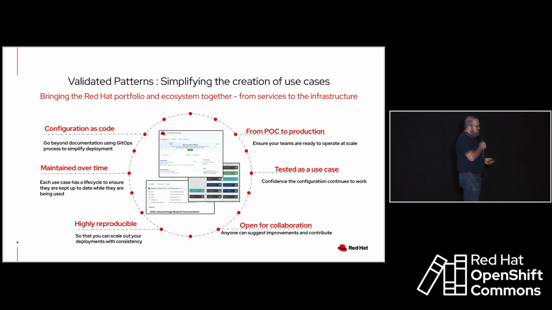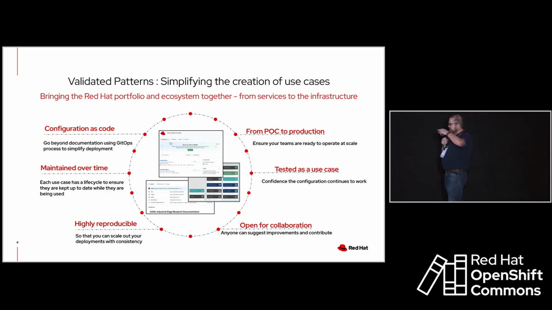So this is a slide from Red Hat to explain what validated patterns are. The purpose of them is to simplify how we manage the lifecycle of the platform as a whole, not just the OpenShift clusters. Think of it as a kind of reference blueprint as code, taking the infrastructure as code, configuration as code concept.